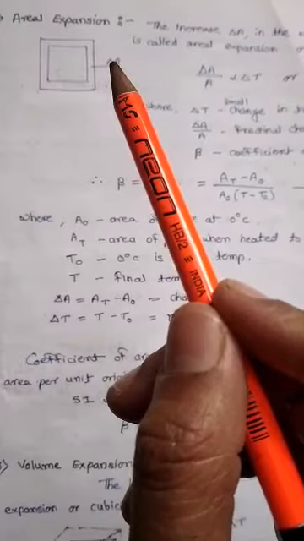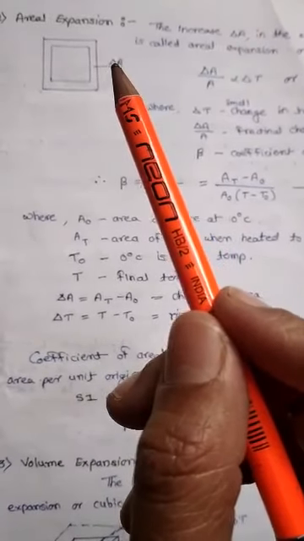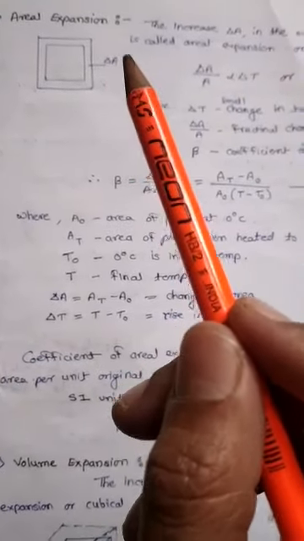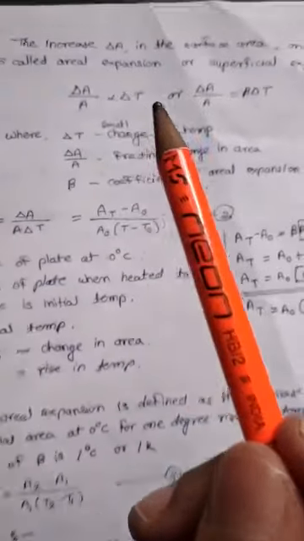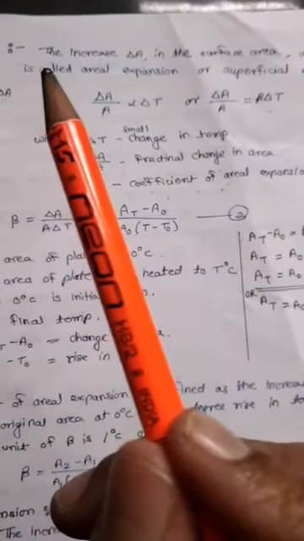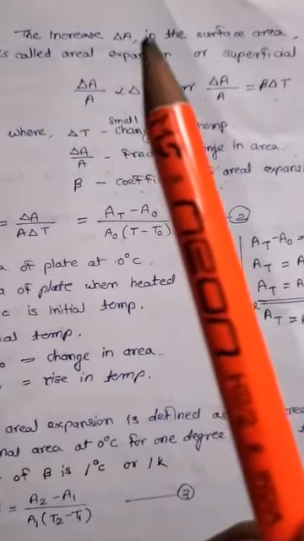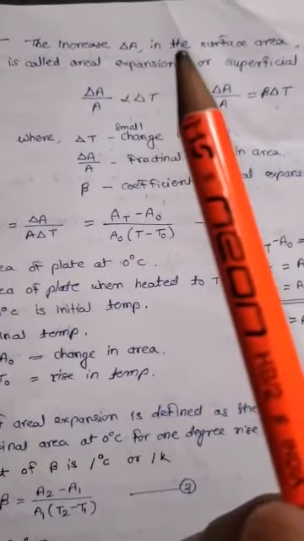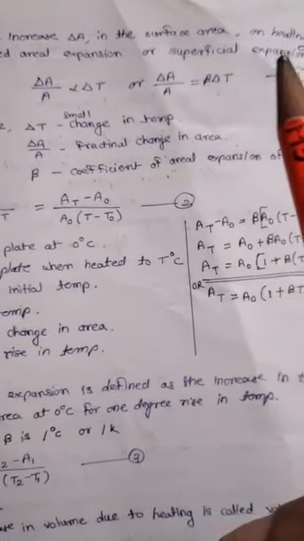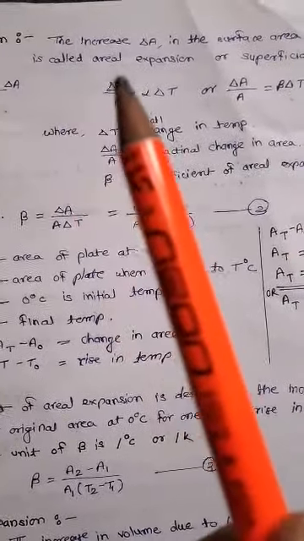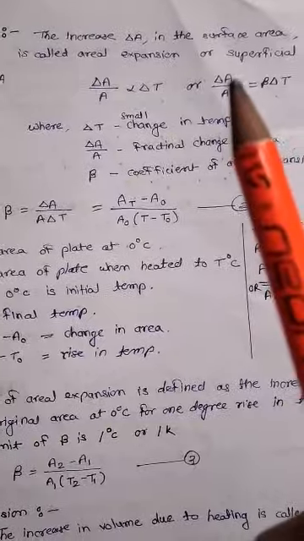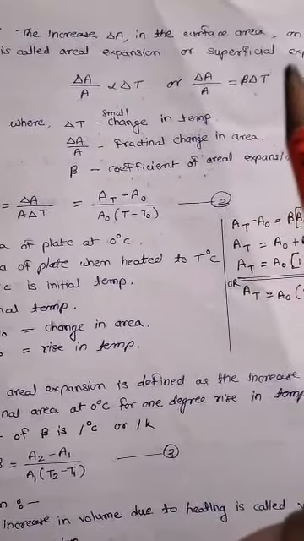So the small change in area is considered as delta A. See the definition: areal expansion is the increase delta A in the surface area on heating, also called superficial expansion.